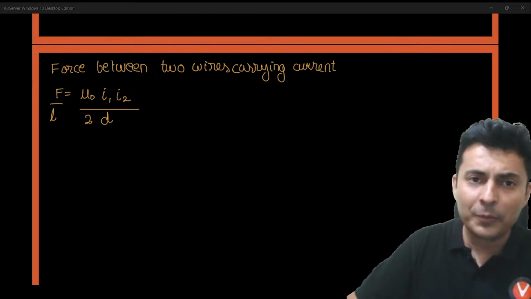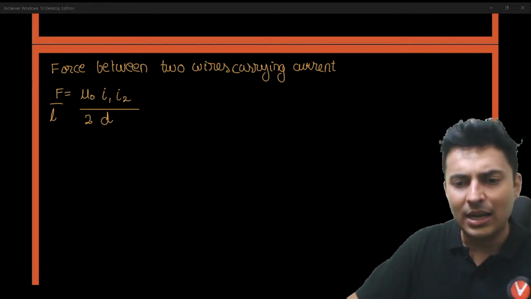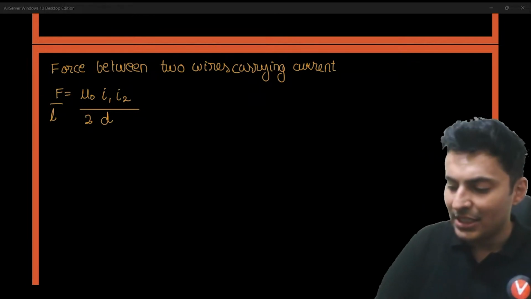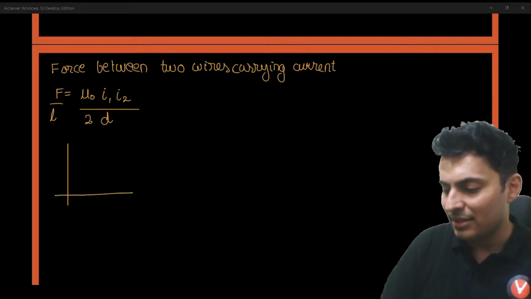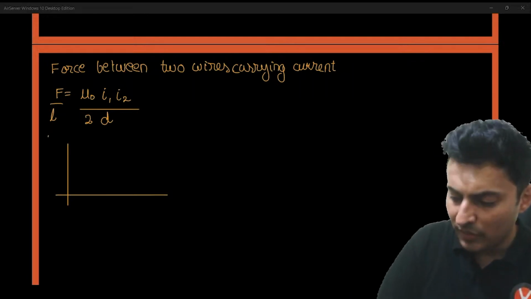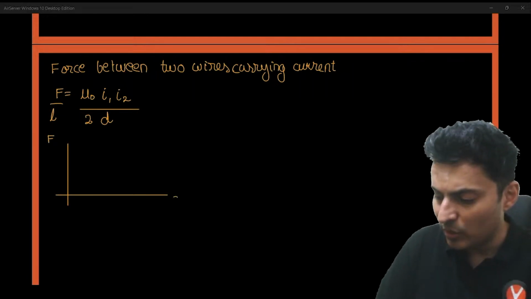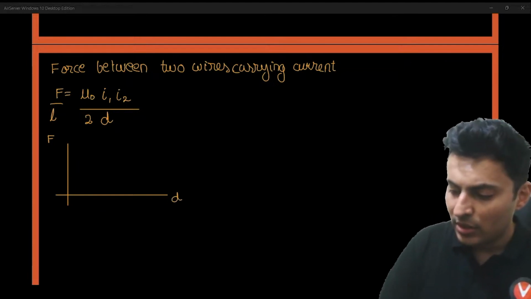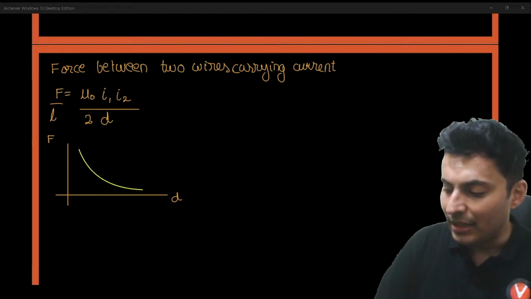Perfect. Now, many questions again can be asked over here as well. Like, how is the force changing with respect to the distance or with respect to the current and all of that? So if it is force with respect to distance, it is very obvious. Force is on the top, distance is below. So hence the graph will be inversely proportional.